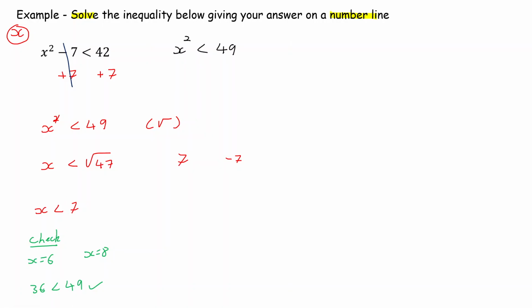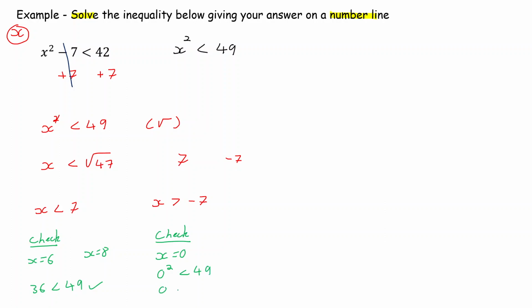And then similarly, because I still have to deal with this minus 7, I've got to have values of x that are greater than minus 7. Again, to understand that, let's check using some examples. What about a value of x bigger than minus 7? Let's use 0, because 0 is bigger than minus 7. If I put that into my inequality, is 0 squared less than 49?